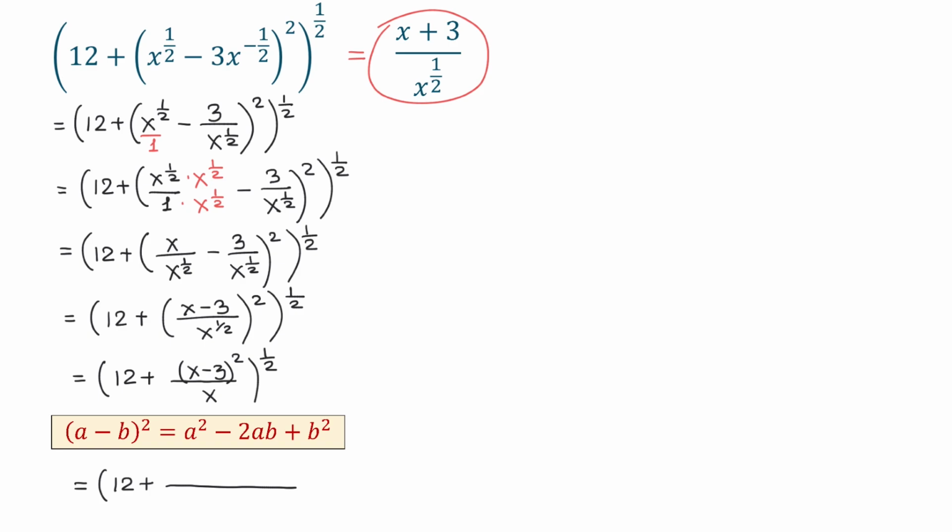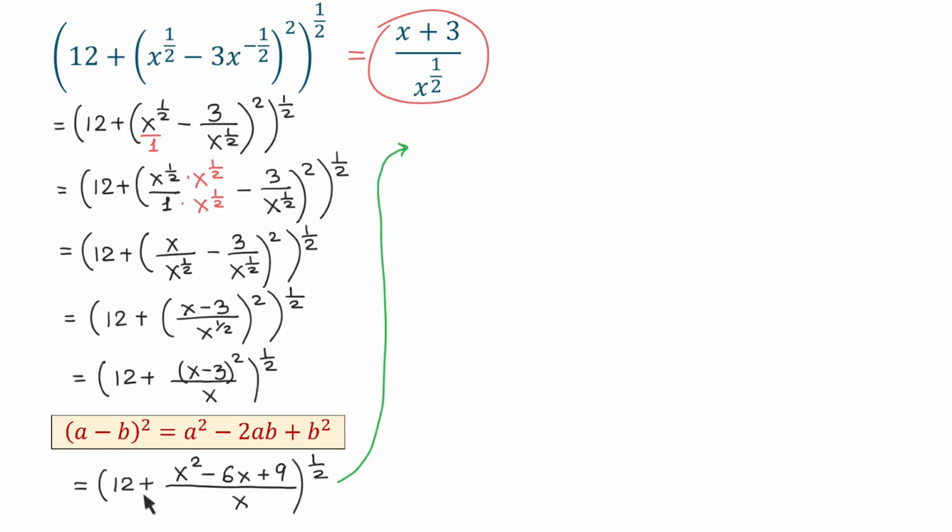Then according to this formula, first we will raise x to the second power minus, then to get 2 times a times b, we need to multiply 2 times x times 3, which is 6x. So we will subtract 6x, then we will raise 3 to the second power, and that will be 9. Then we will keep x in the denominator, and all this raised to the 1/2.